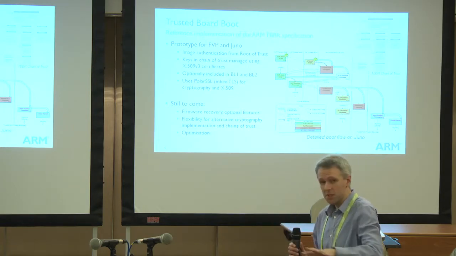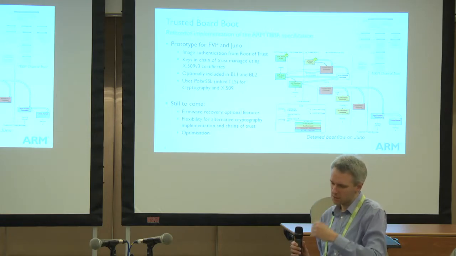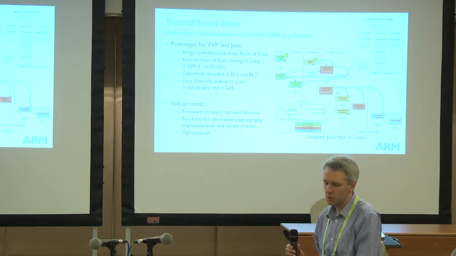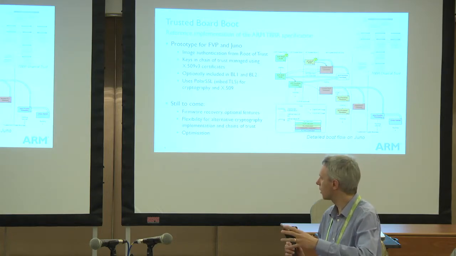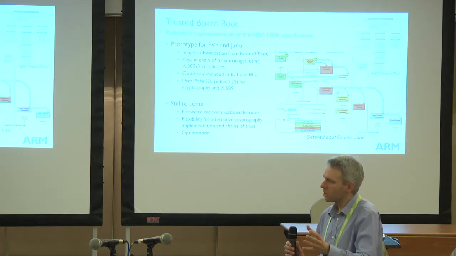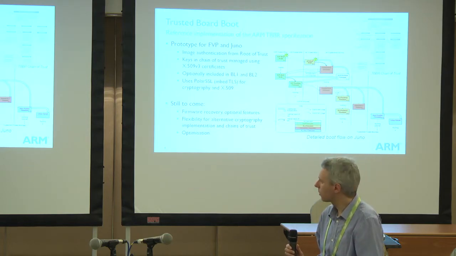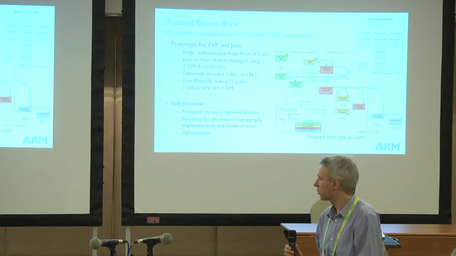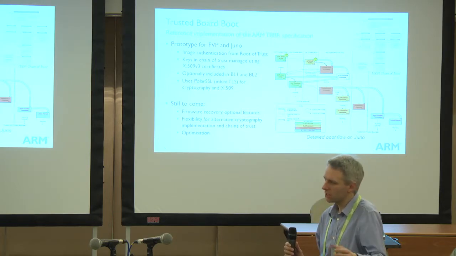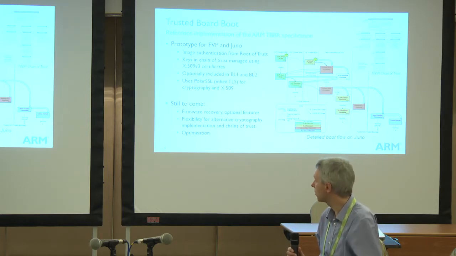The actual implementation is a prototype, and we have a fair bit of work to do on our interfaces and the structure of our design, because we want to provide flexibility in the right ways to replace the cryptography library, and to allow partners who want to use it to provide their own definitions and chains of trust. It's possible that they want to arrange the keys in a different hierarchy, to have additional keys in the chain, or potentially support additional keys for additional images on their own devices.